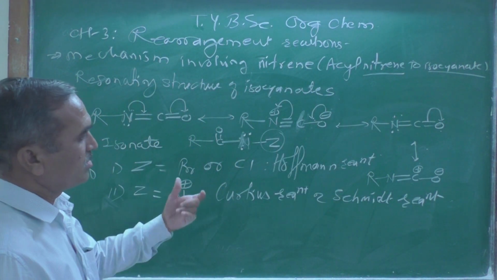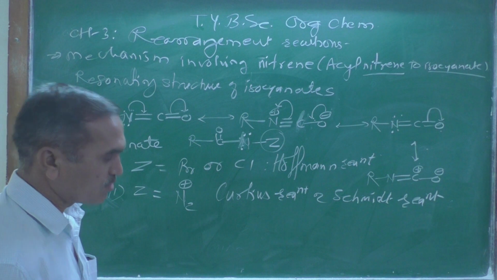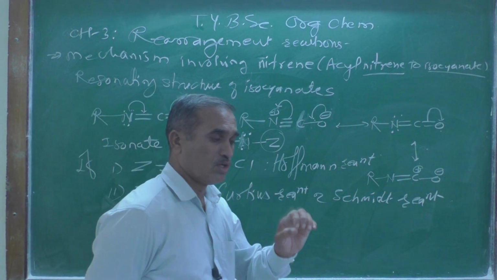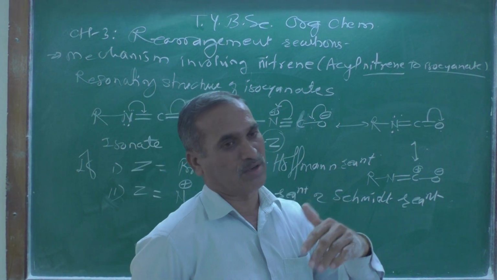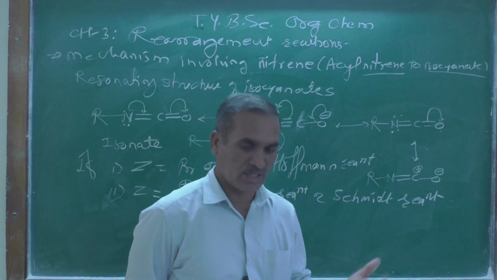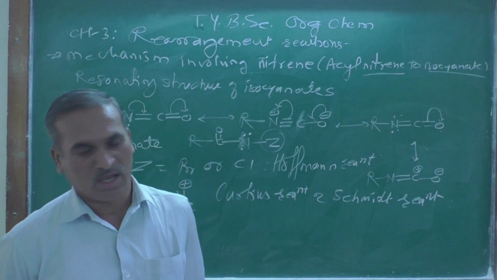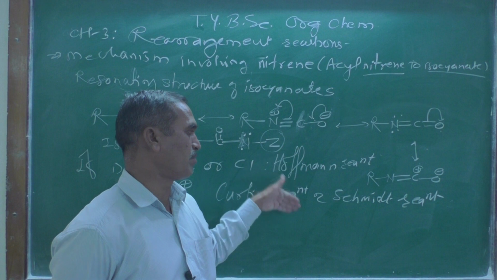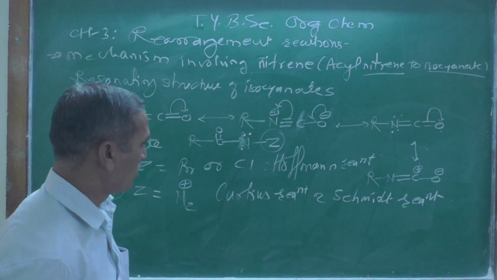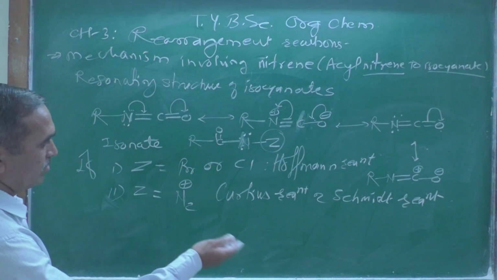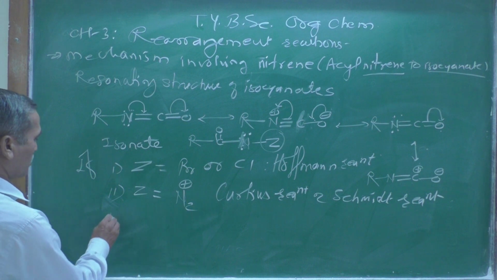And then the Curtius rearrangement and the Schmidt use very specific reagents, and after that they convert the acid into an amine. The resulting compound obtained is the same, but all have different applications.